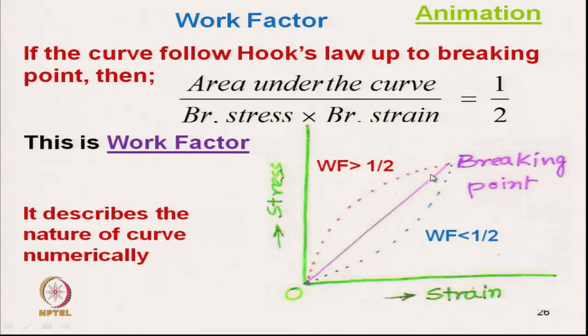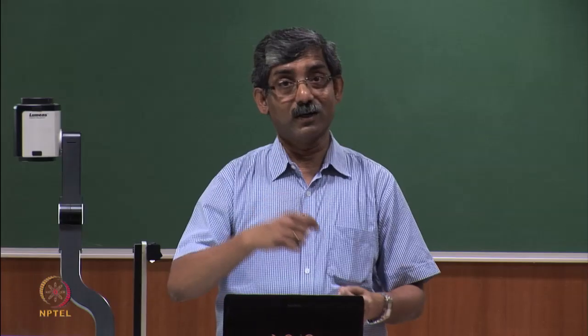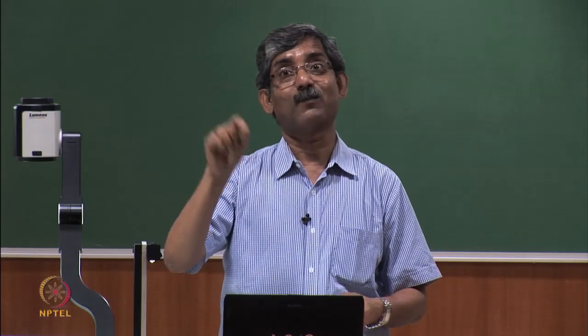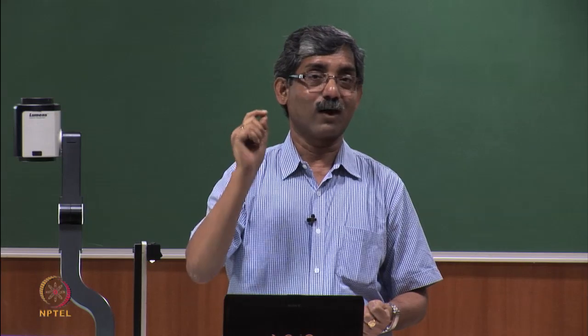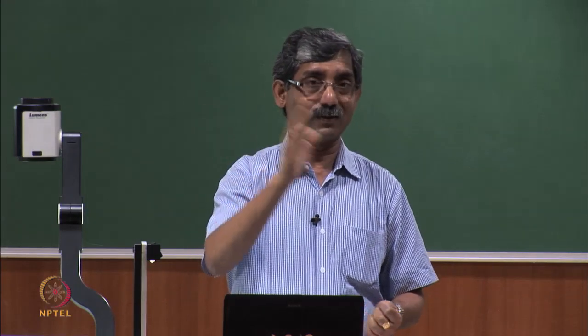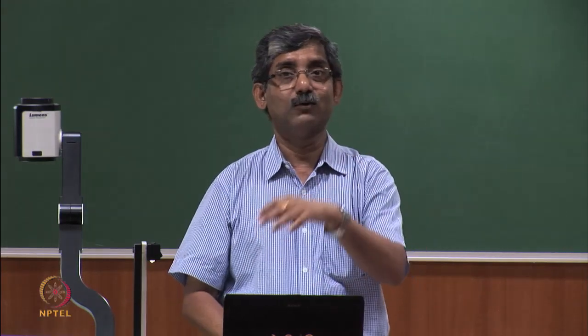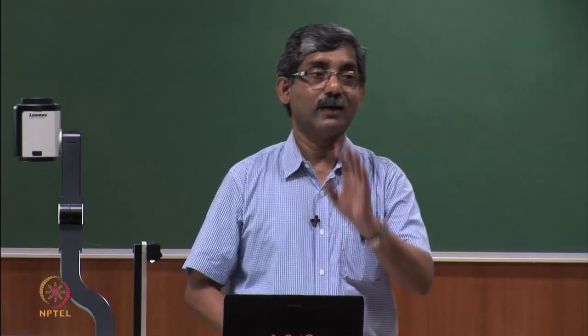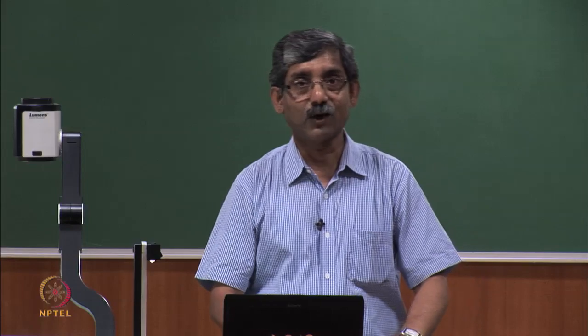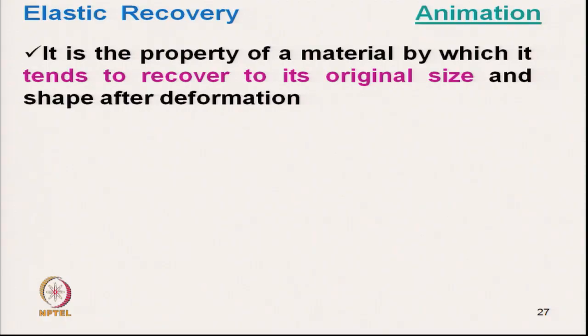This type of problem is actually given in the exam. The nature of different curves is given, and we have to tell the work factor, whether it is 0.4 or some other values, predict the work factor, logically. Now, the term elastic recovery, what is that?